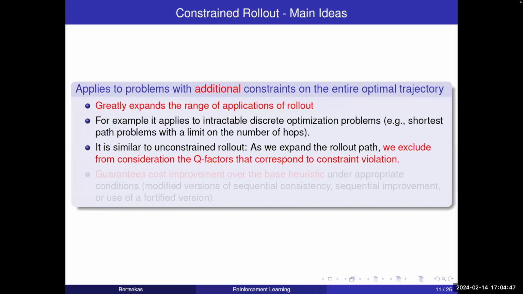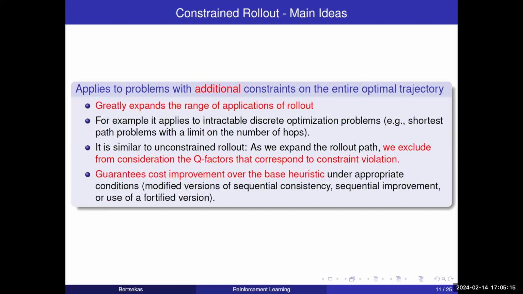It's similar to unconstrained rollout in that as we expand the rollout path, the obvious thing to do would be to exclude from consideration the Q factors that correspond to a constraint violation. But this in itself can lead to some pitfalls unless you make some careful assumptions, and in fact, it requires a problem reformulation.